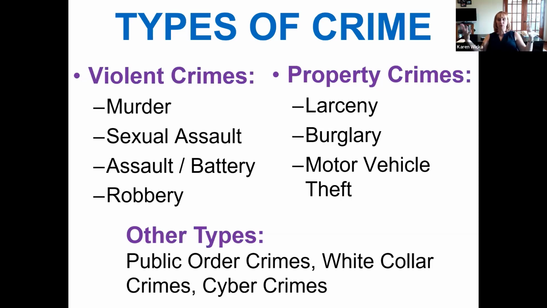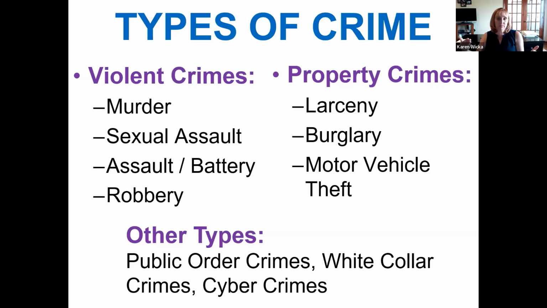Those fall under public order crimes. You could have white collar crimes. These are crimes committed by what we consider white collar workers, corporations, CEOs, stealing money or things like that from the corporation. You could have cyber crimes, crimes committed through the computer. So crimes can fall under these different categories.